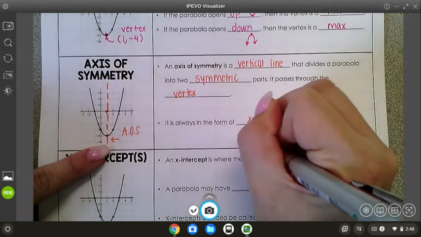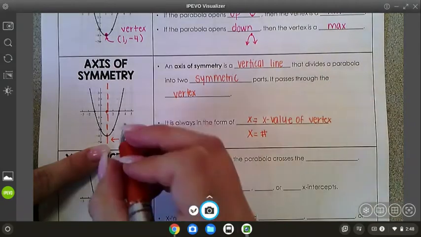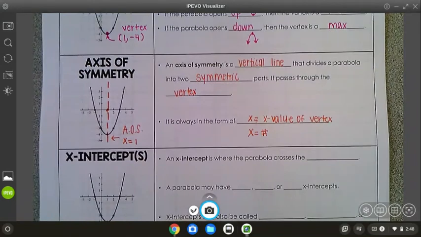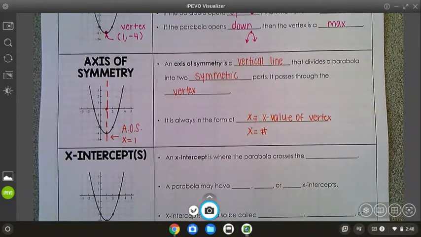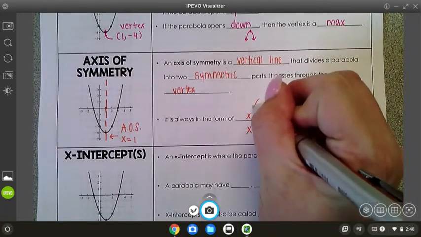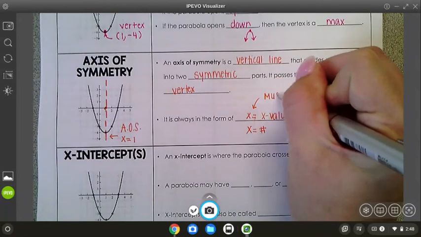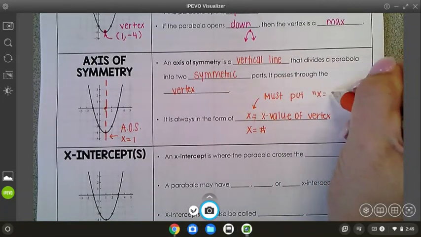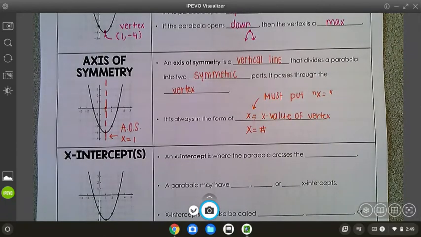So x equals some number. And in this case, I said it was x equals 1. You have to put the x equals. If you don't put the x equals, it's incorrect.